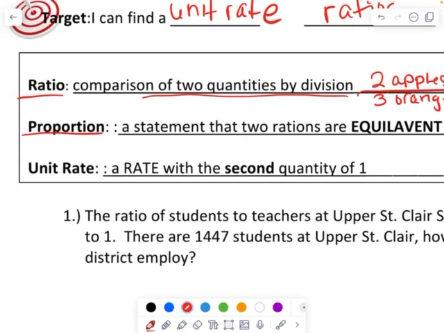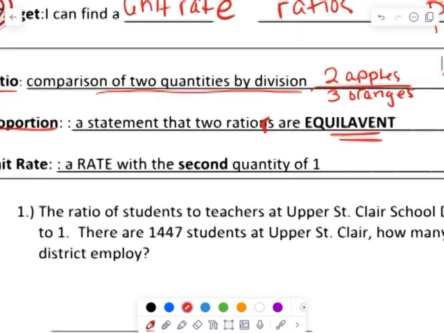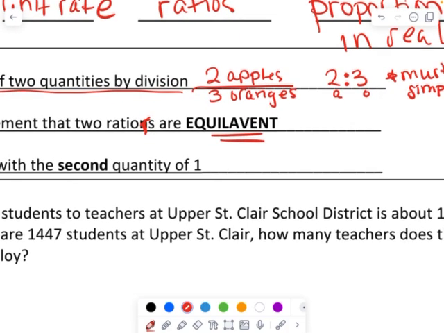A proportion is a statement that 2 ratios are equivalent. So essentially setting 2 ratios equal to one another. Like my example, 3 over 6 is equal to 1 over 2.